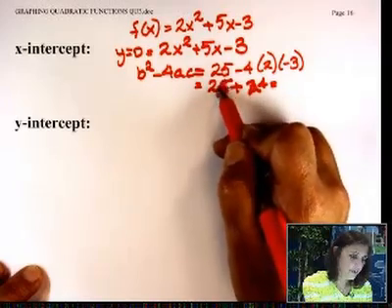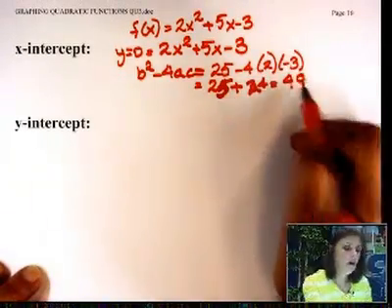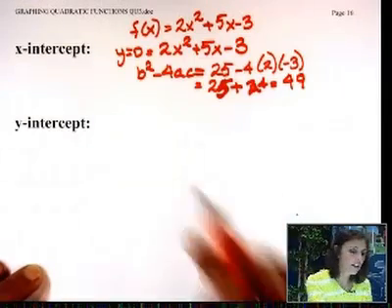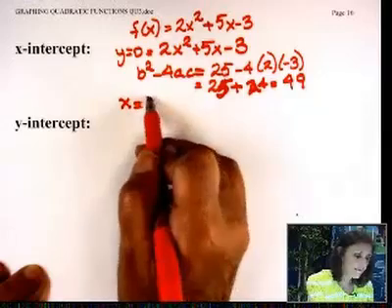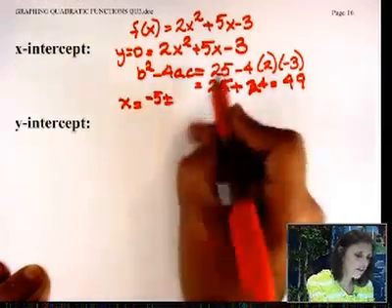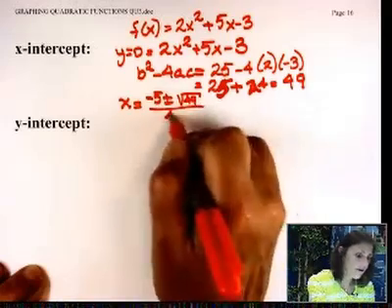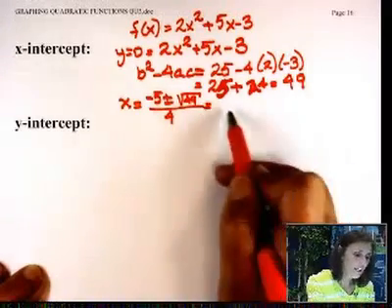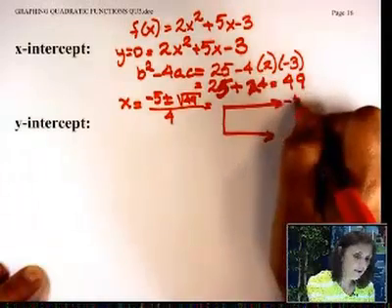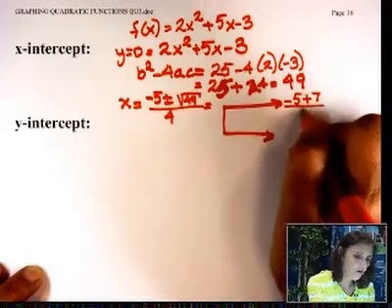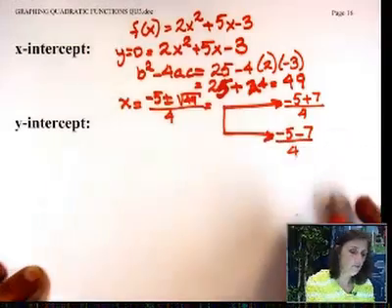I'm just making all these mistakes. 25 plus 24, that's 49. Okay, I'm going to put it in the quadratic formula. X is negative b plus or minus the square root of 49, over 2a. That's going to give me two answers. Negative 5 plus 7 over 4, and negative 5 minus 7 over 4.